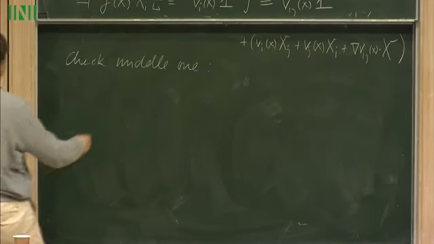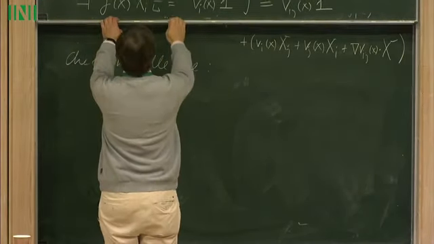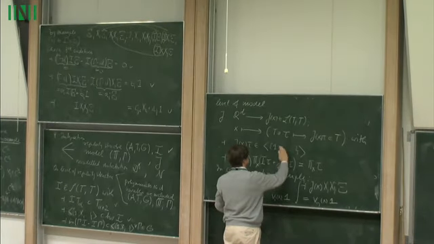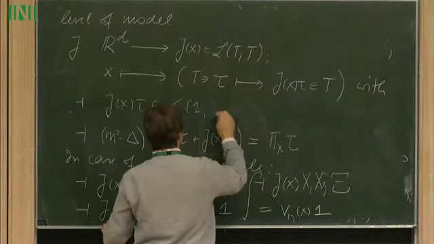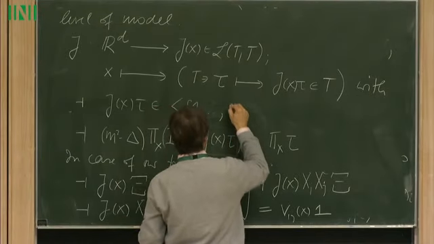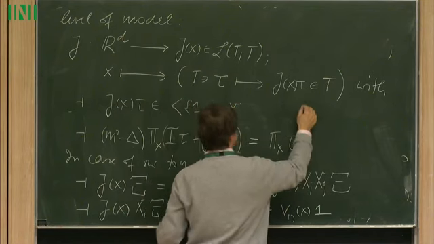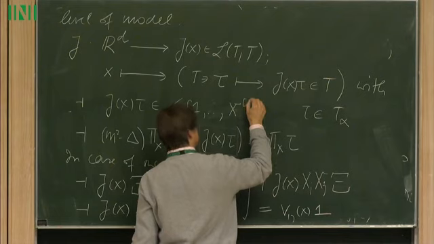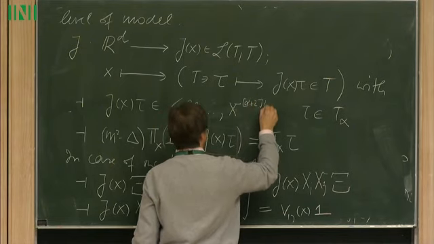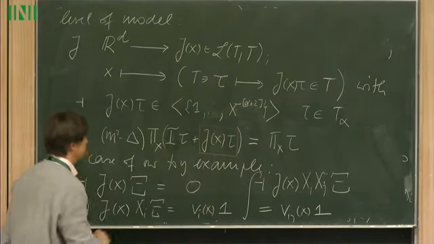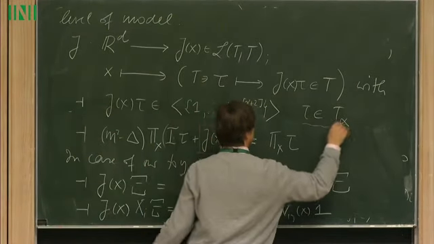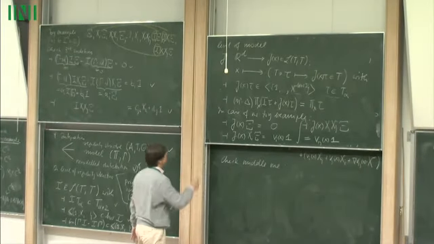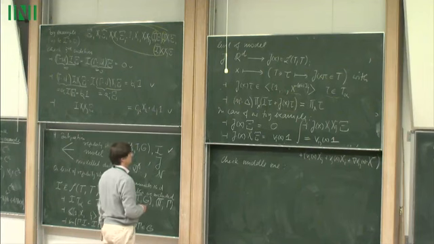So first of all, sorry, I did something wrong. I wasn't precise enough here. So this should be a polynomial of the order x. So if tau is in T alpha, this should go up to alpha plus 2. That's important. Sorry, please correct that. So we have both conditions to check.